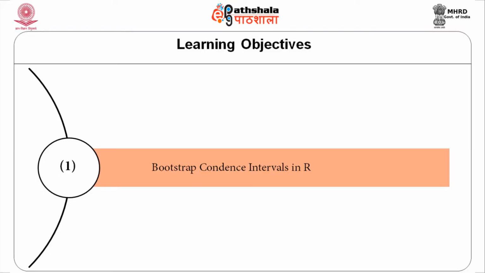The objective here is to explore various different kinds of confidence interval with respect to Bootstrap sampling. So, we would be constructing the different kinds of confidence interval, for example, the percentile confidence interval and the percentile T confidence interval and the bias corrected variants of confidence interval in context to Bootstrap.